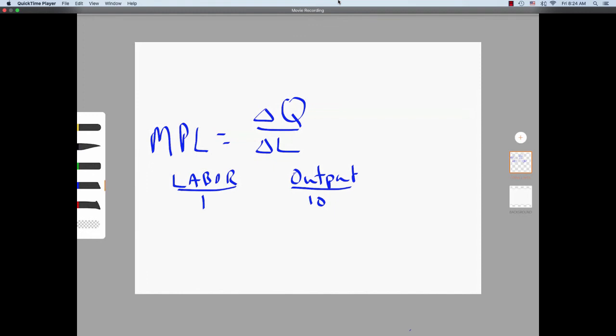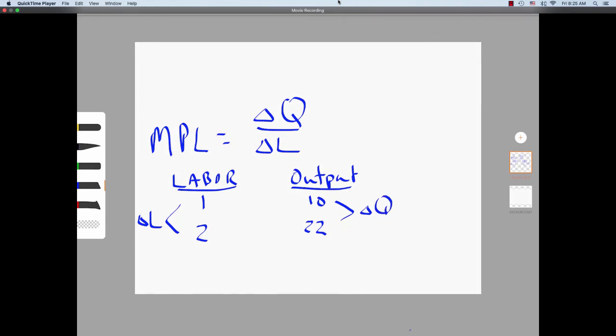So maybe you're making hot dogs, and one worker can make 10 hot dogs in a span of 15 minutes. And if we add a second worker, then the combined output becomes, say, 22. So here's our delta L. We change the number of workers by 1, and here is our delta Q.